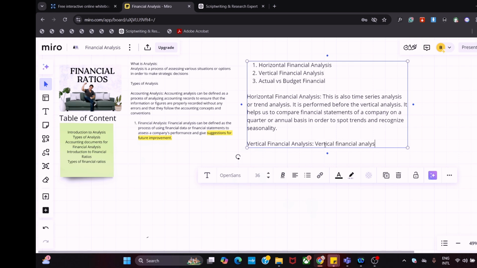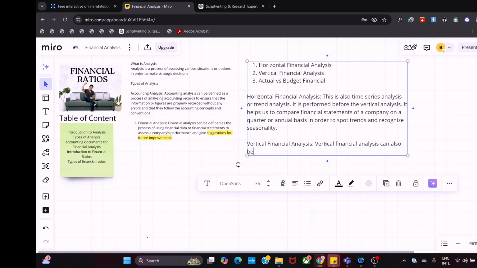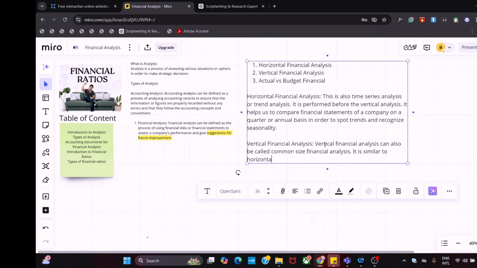So vertical financial analysis can also be called common size financial analysis. It is similar to horizontal analysis, but also quite different.